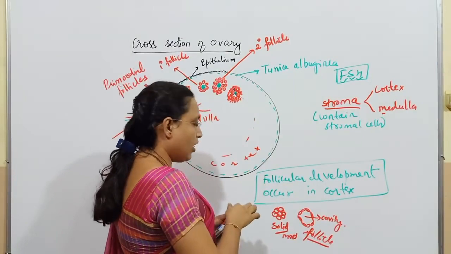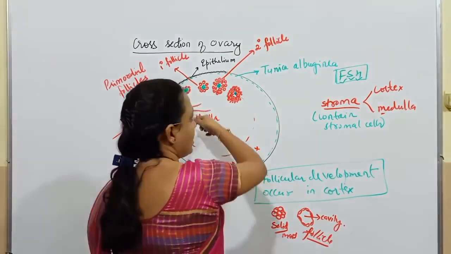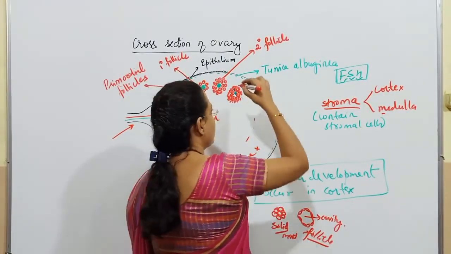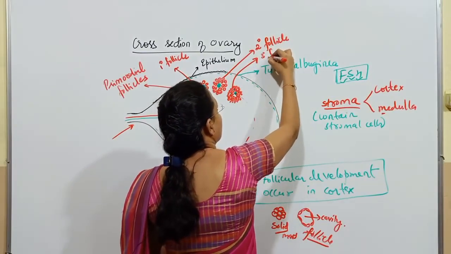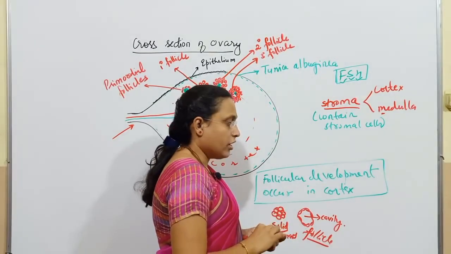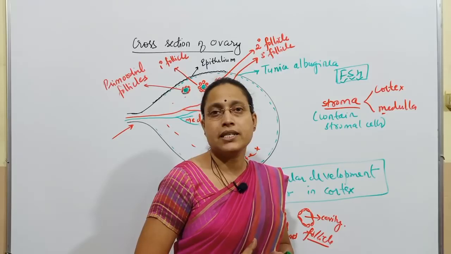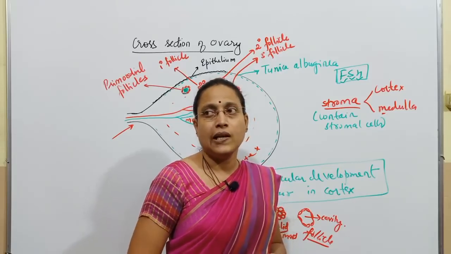Now the tertiary follicle has developed due to FSH hormone. This development takes place only in a woman who has attained puberty. This is nothing but the tertiary follicle. Now the tertiary follicle will finally develop into a highly well developed follicle called the Graafian follicle.